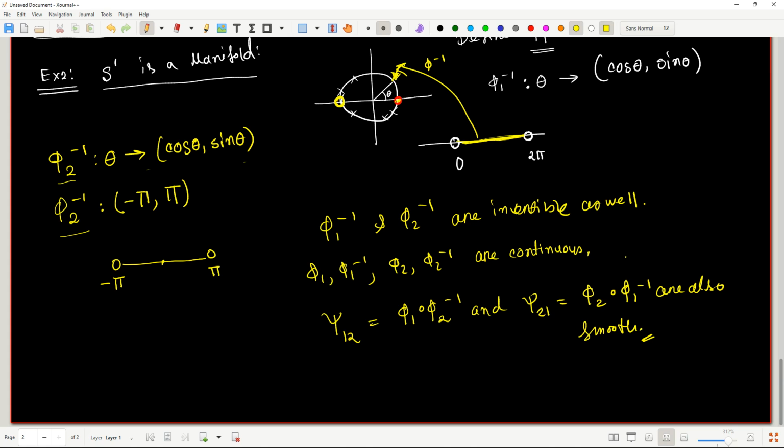By infinitely differentiable or smooth, we mean that if you have a function, you can take the first derivative, differentiate it again to get the second derivative, differentiate again to get the third derivative, and so on. So that's what we mean by smooth.